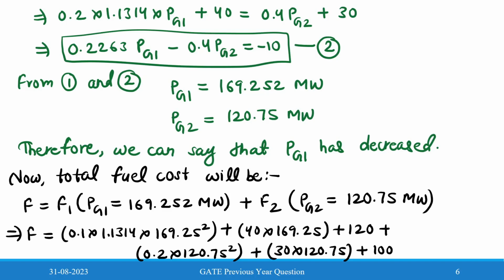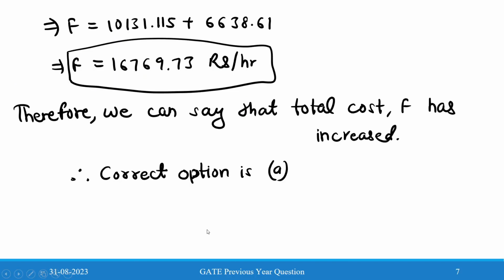To find the total fuel cost, F equals F1 plus F2 at the economic generation of the units. Calculating F1 at Pg1 equal to 169.252 megawatt and F2 at 120.75 megawatt, the total fuel cost is 16,769.73 rupees per hour. So the total cost F has increased.